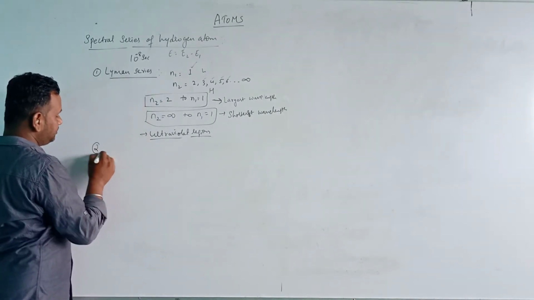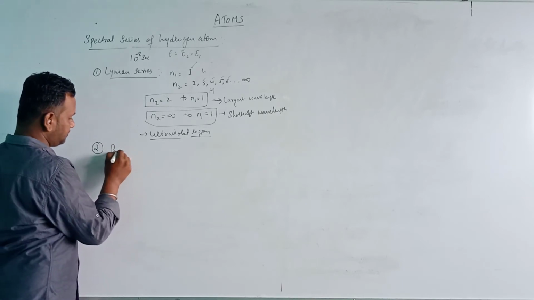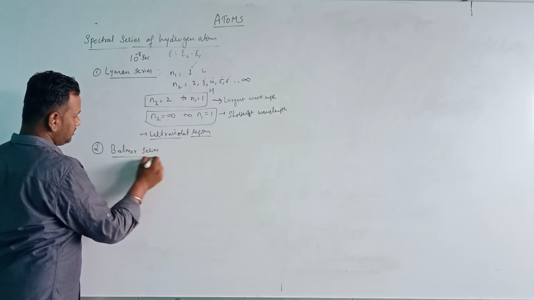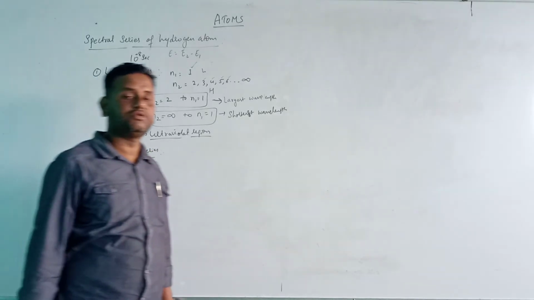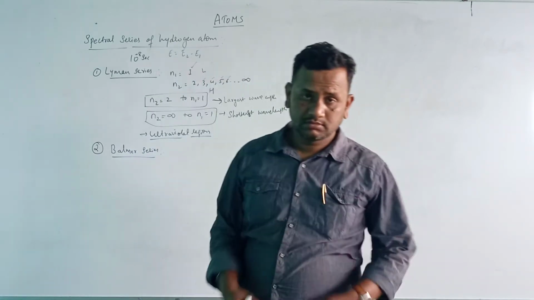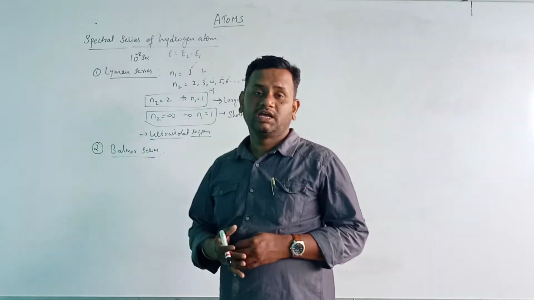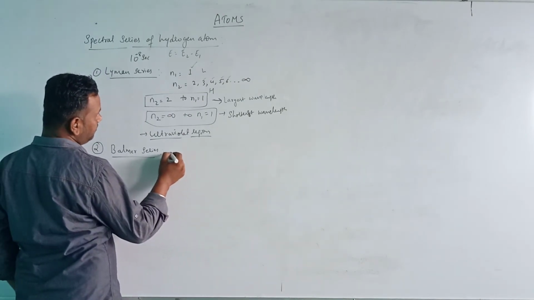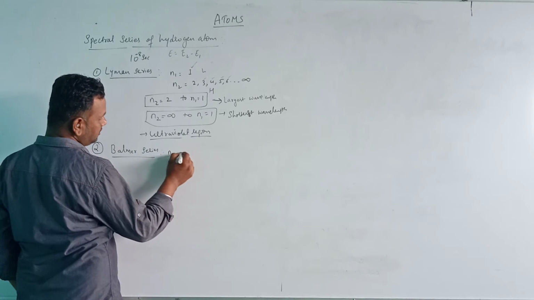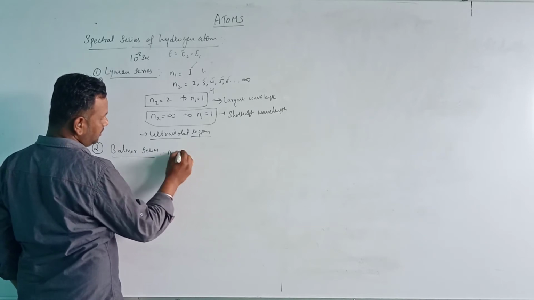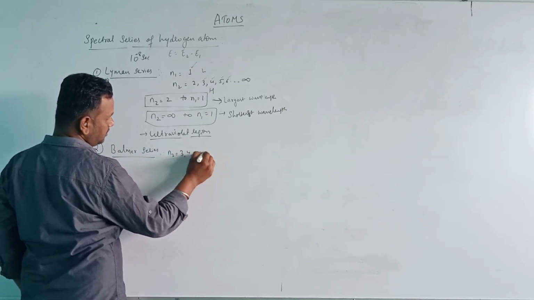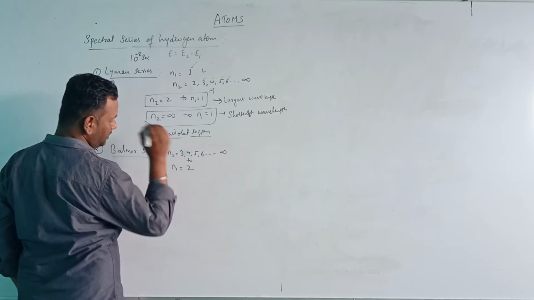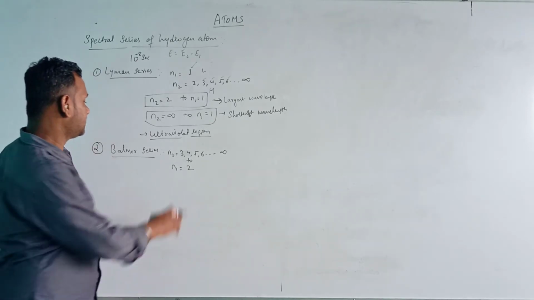Now second, Balmer series. This series consists of all the spectral lines emitted because of the transition from the higher orbit to the second orbit.